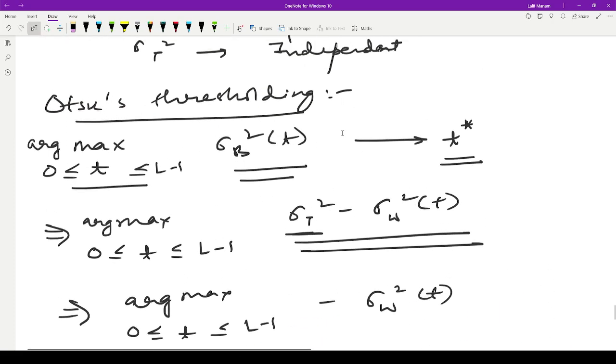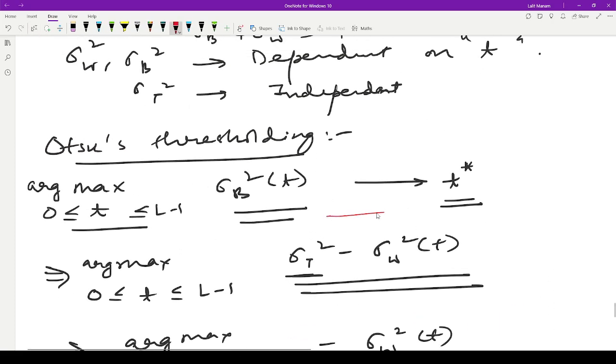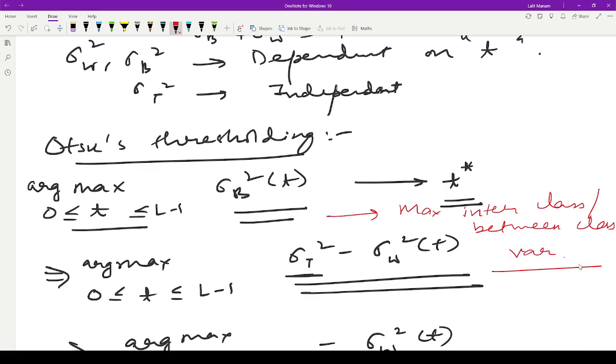And how it was originally defined is maximizing interclass or between class variance.